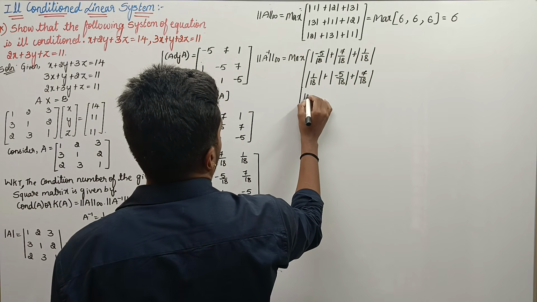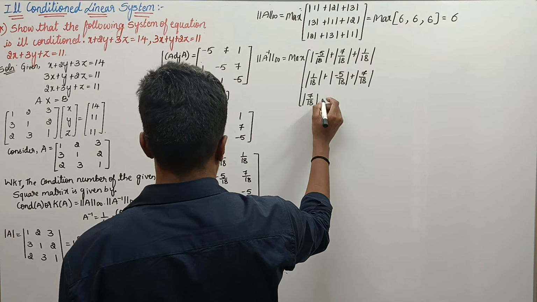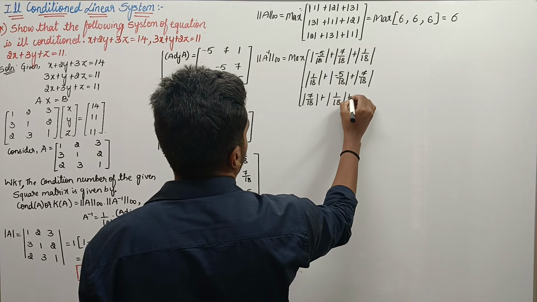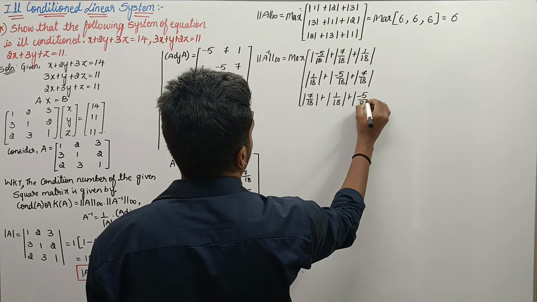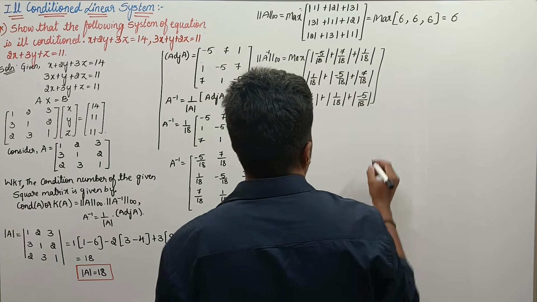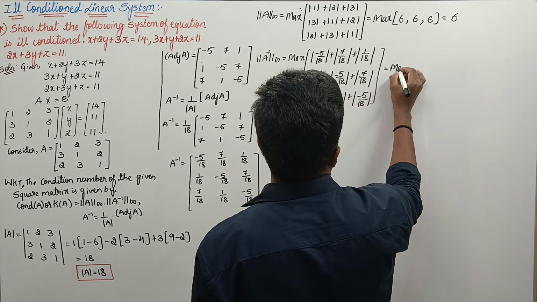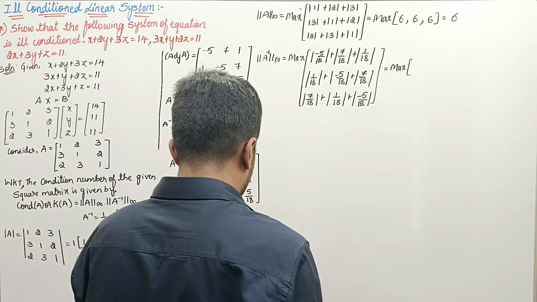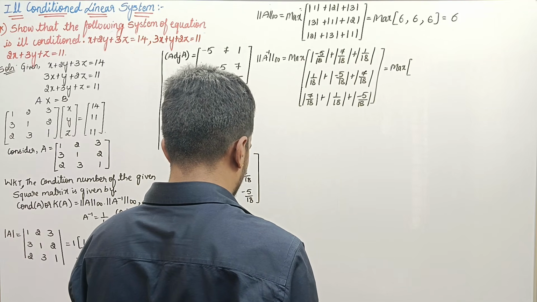The last: 7 by 18 plus 1 by 18 plus minus 5 by 18. Close the bracket.